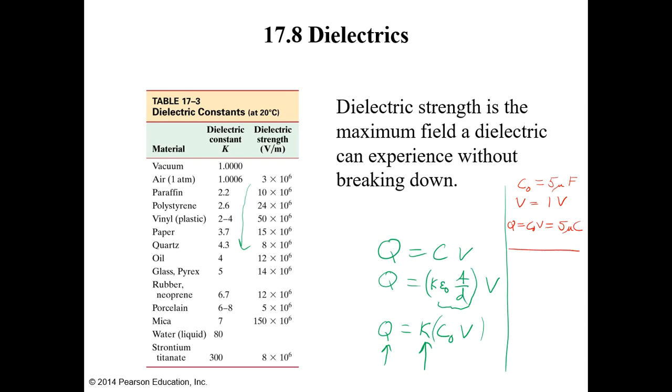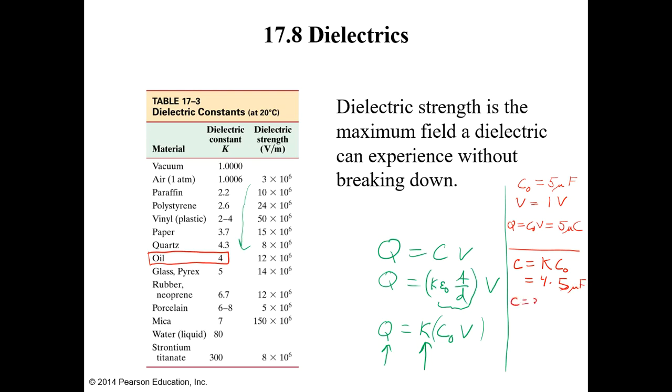But if I say that I'm using, what's a good one? We'll use oil, just because that's a nice even number. The capacitance with a dielectric of oil is then going to be 4 times my initial capacitance.